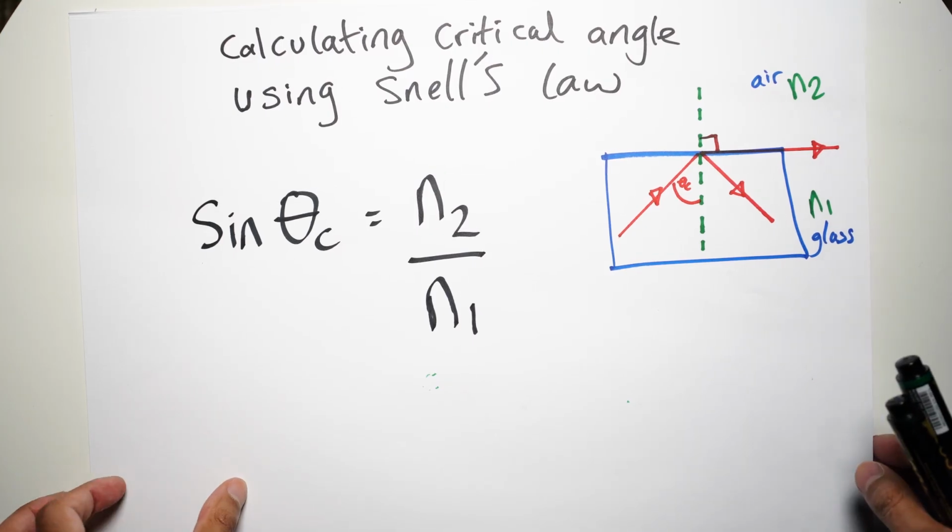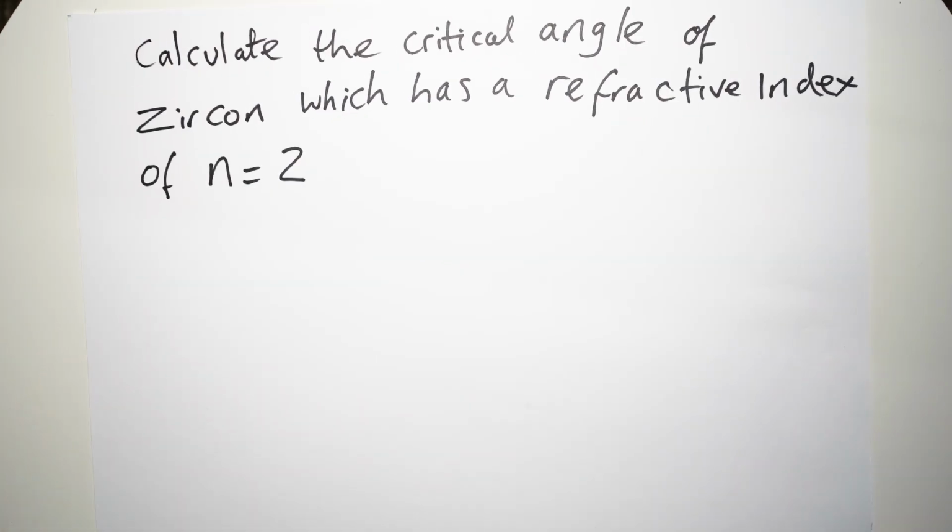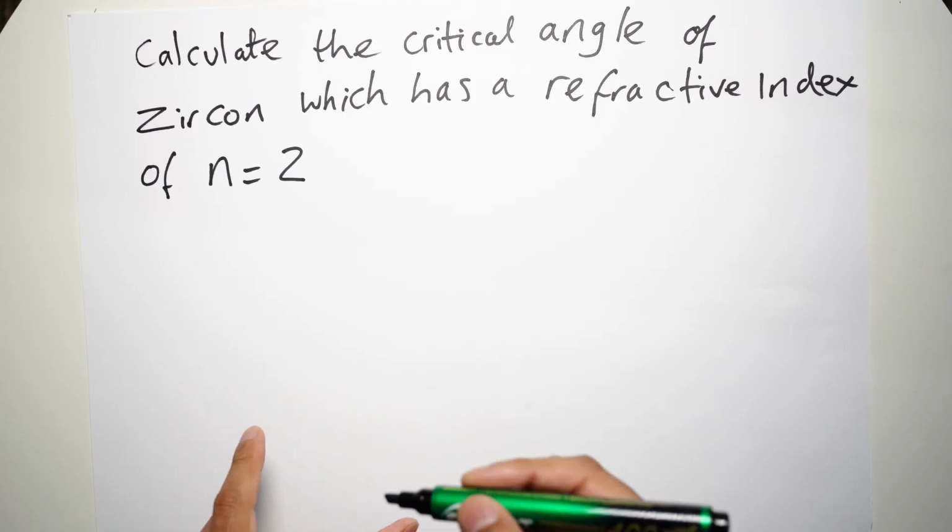So let's actually put that into practice. Here we are. It says, calculate the critical angle of zircon which has a refractive index of n equals 2. So first up, what we've got to do is write our formula.